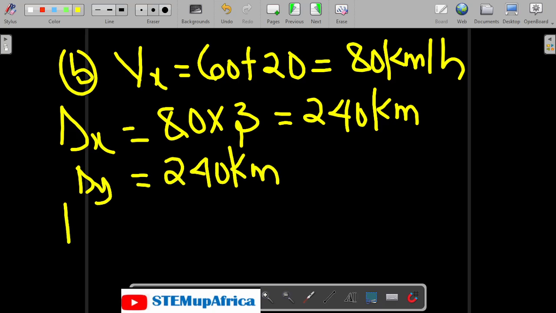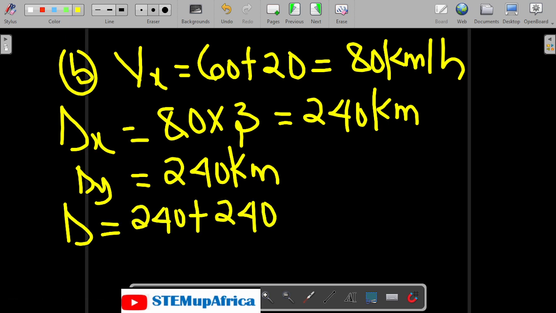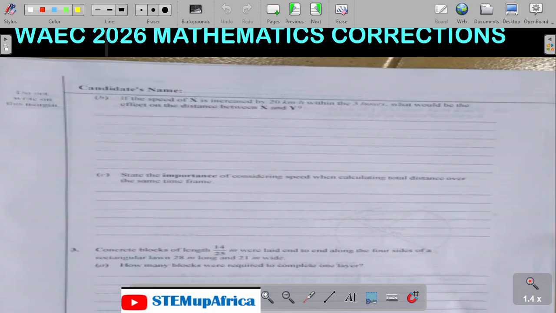So what will be the distance apart if the speed is increased? I'm having 240 plus 240. That will give us 480 kilometers. So if you increase the speed by 20 kilometers per hour, the distance between X and Y now becomes 480. What will be the effect?